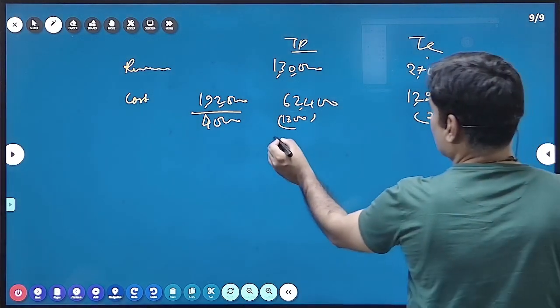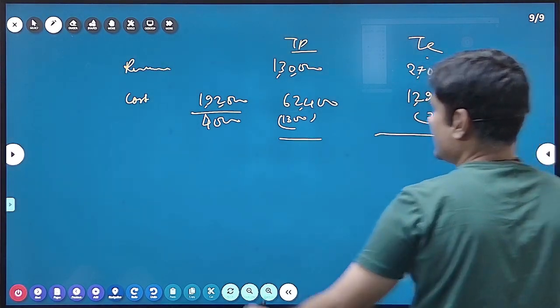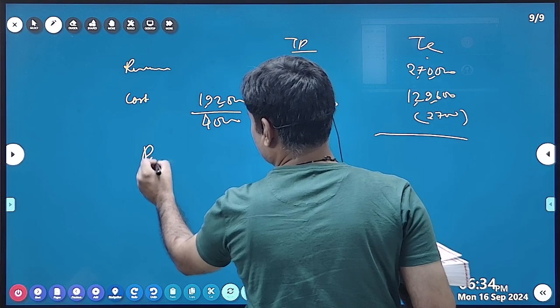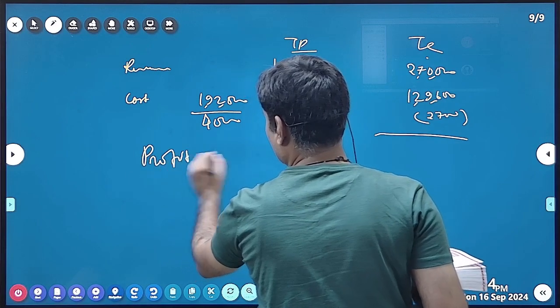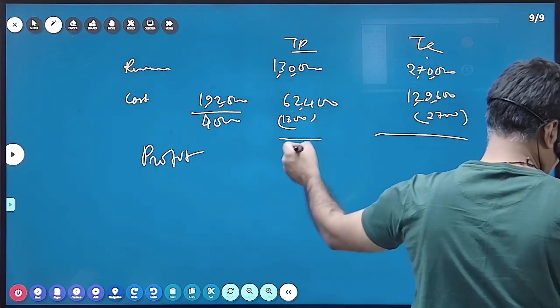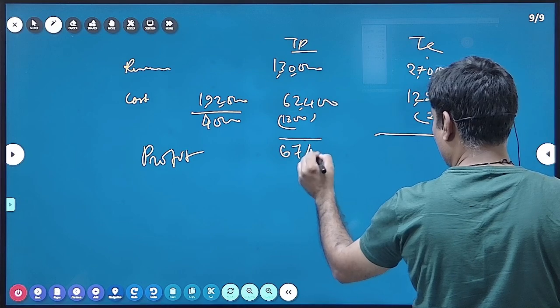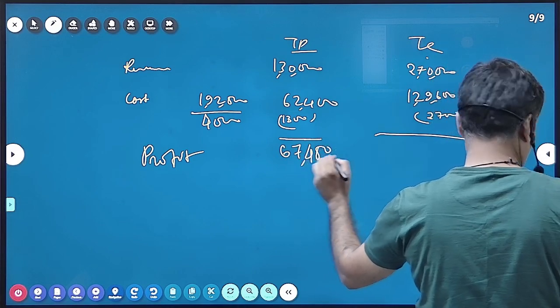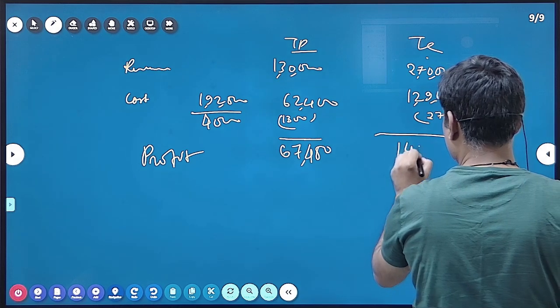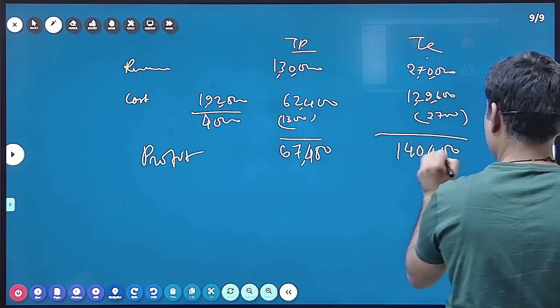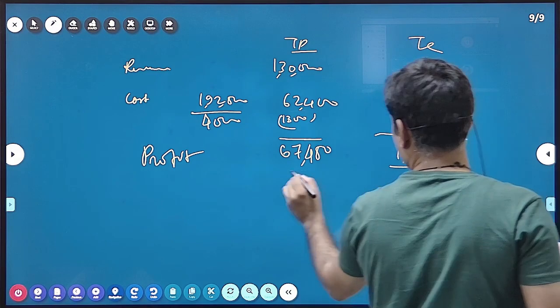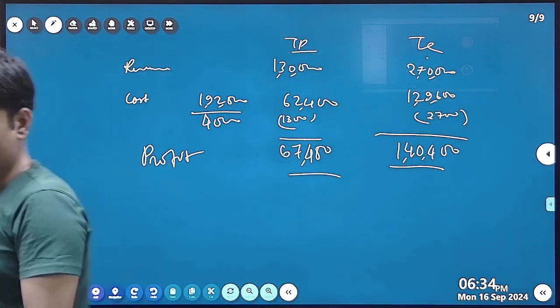Correct? So we will get the profit. It is very easy. Part B is much easier.